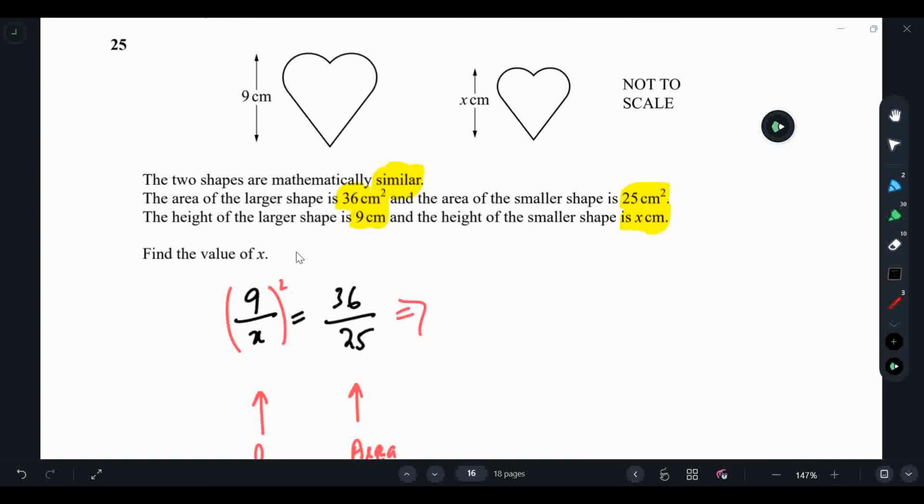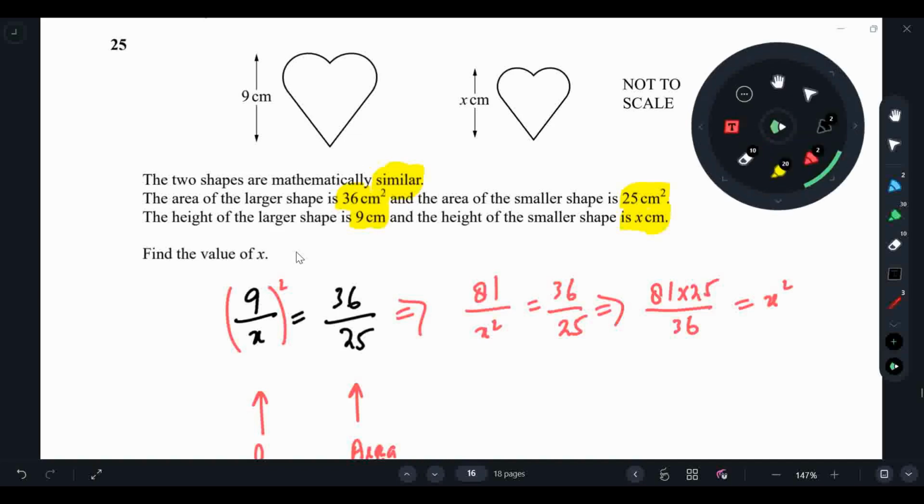So this will be 81 divided by x square is equal to 36 by 25. Now if we cross multiply, this will be 81 multiplied by 25, whole divided by 36, is equal to x square.